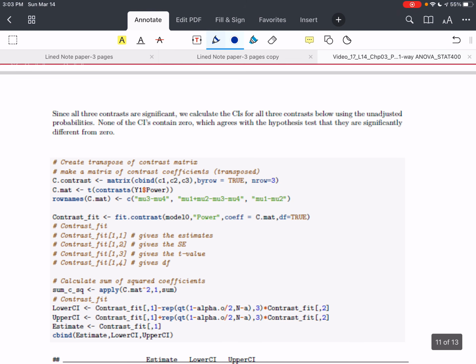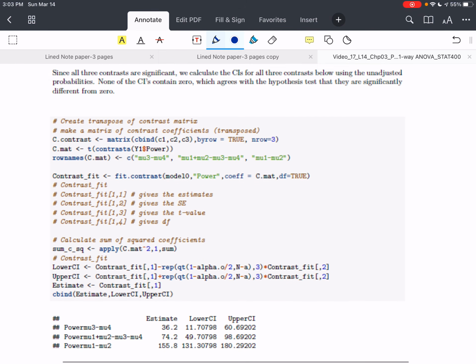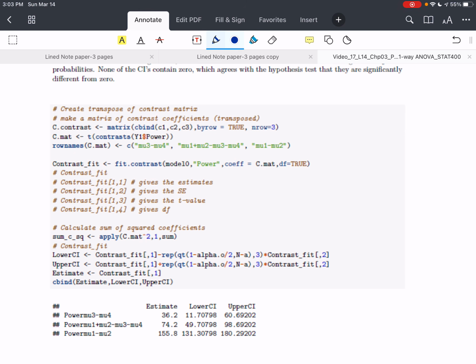Now, all three of these contrasts are significant. Since they are significant with this test, we can now calculate their confidence intervals. What we're going to do here is the unadjusted confidence intervals, so I've used alpha.0, which is just 0.05. So I have not adjusted for the experiment-wise error. Here I have 4 minus 3, so I shouldn't say 3 minus 4. This should really be 4 minus 3 because it's positive, and 4 was greater than this.